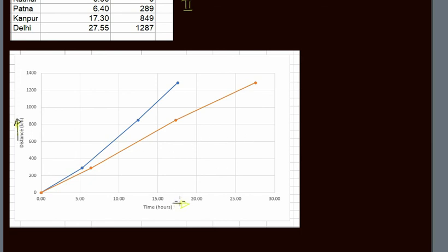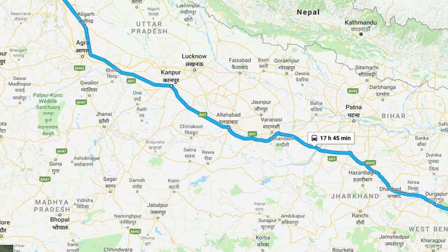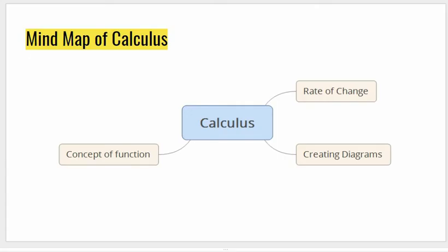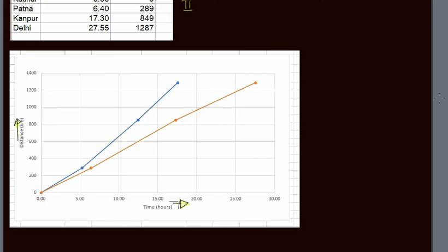So going back to our goal, concept of function. So let's see how concept of function applies in this.